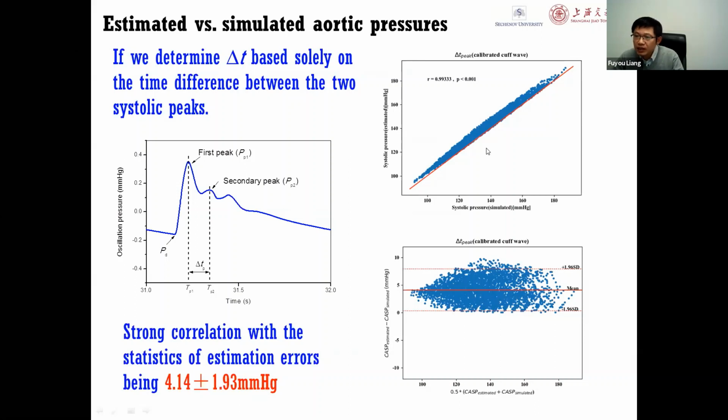You can see that the estimated aortic pressure correlates very strongly with the real aortic systolic pressure. You can see the R value is close to 1, but when we look at the errors, you can see the error is about 4 plus or minus 1.9. The mean value of the error is not so good. We want it to be close to 0, right?